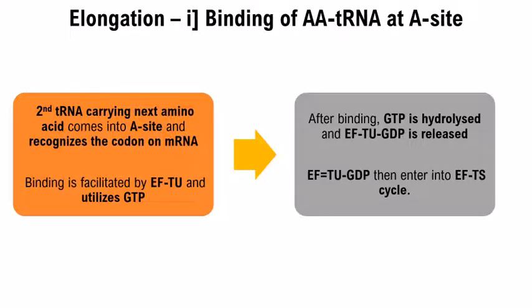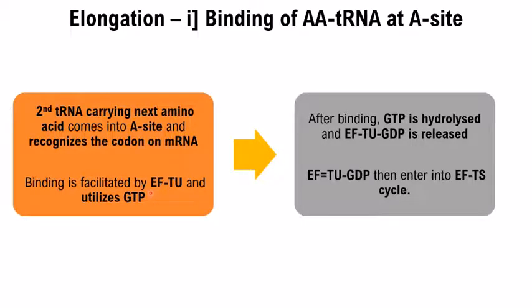This binding of amino acid tRNA at the A site is carried out with the help of an elongation factor called elongation factor Tu. EF represents elongation factor. Elongation factor Tu utilizes energy derived from GTP. So binding of amino acid tRNA to the A site requires an energy source, that is guanosine triphosphate, GTP.